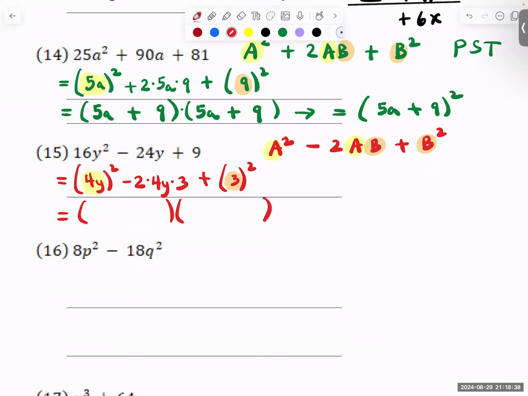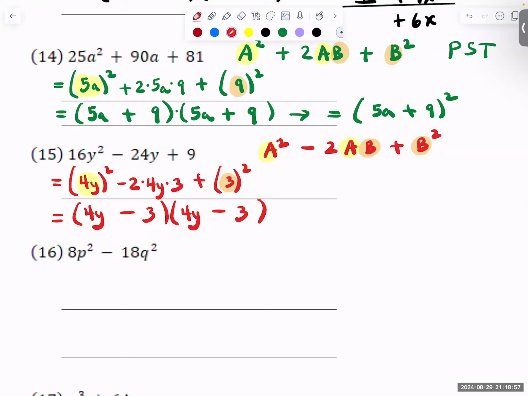First term, 4y. Second term, 3. And since the middle term has a minus, it'll be minus minus. And we can verify that by multiplying. Check that we get minus 24y. And this product is the same as the square of the difference, 4y minus 3 quantity squared.